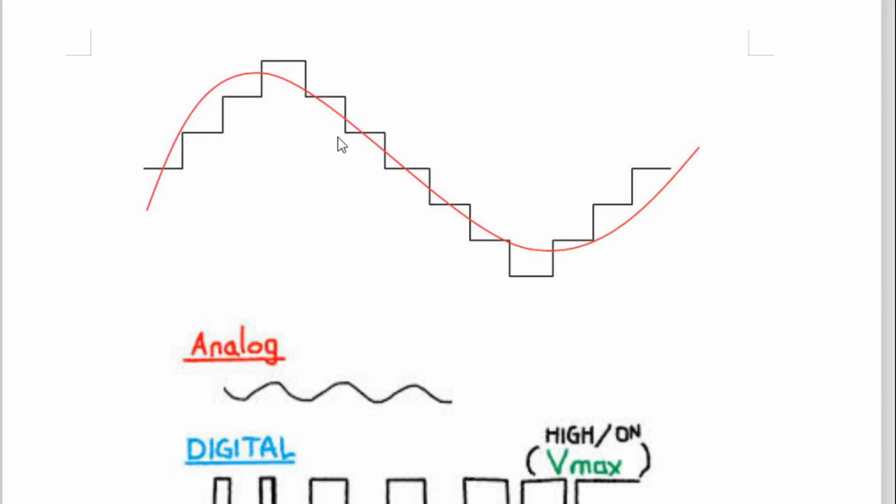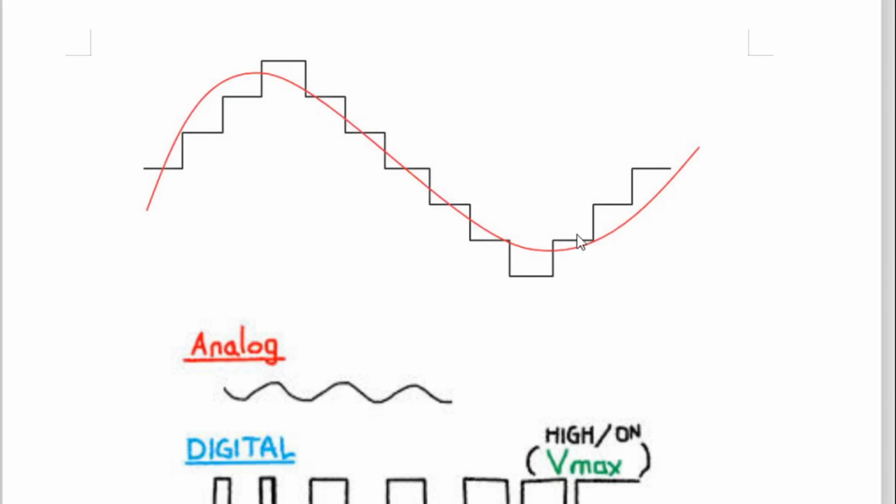So in a digital signal, the voltage is not continuously changing with respect to time, but remains in one particular state for a certain time. That's why the representation of the digital signal is in the form of steps.